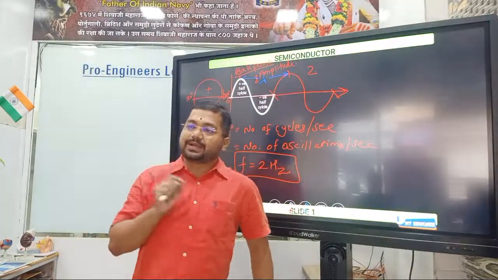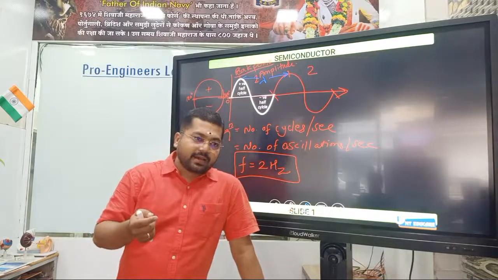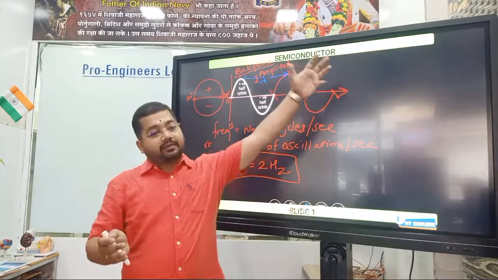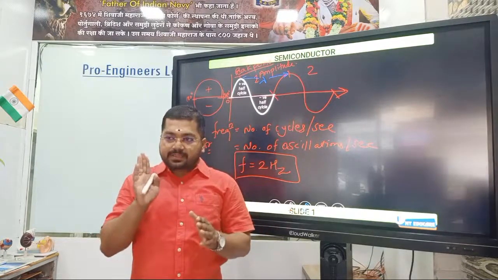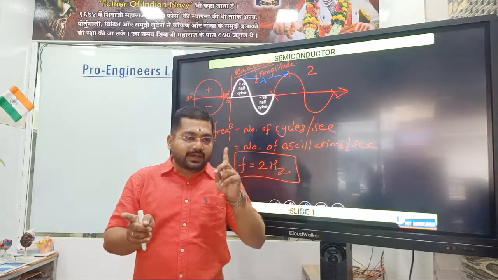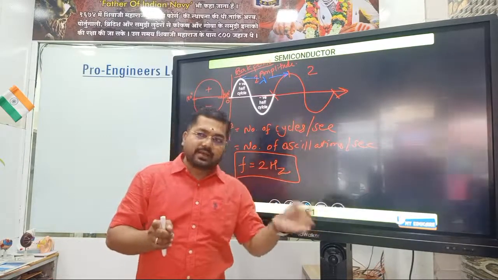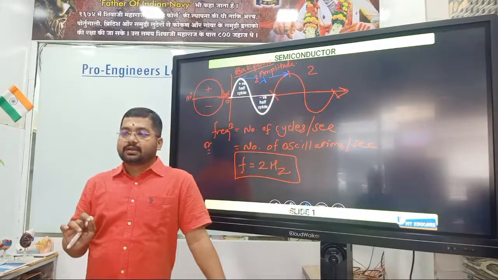Successive peak to peak distance. When we say peak to peak, it cannot be the first peak and the third peak; it must be successive. Successive means number 1, number 2. If you are considering number 2, then number 3, the immediate next peak.